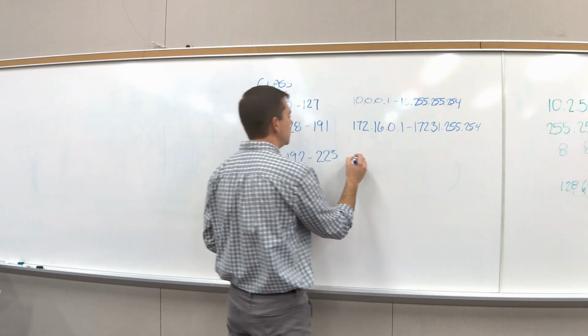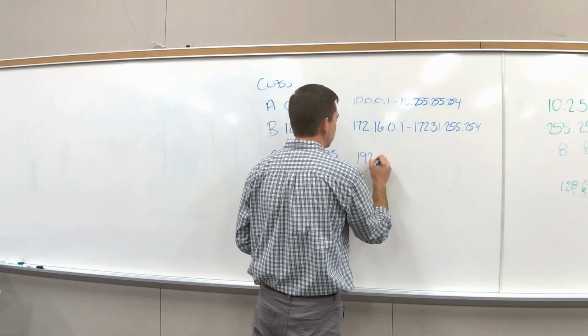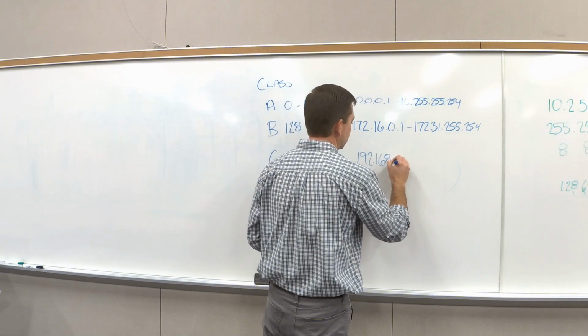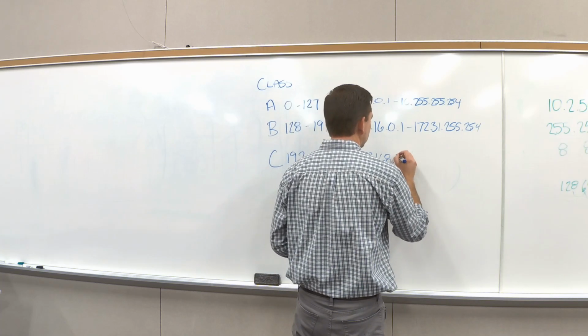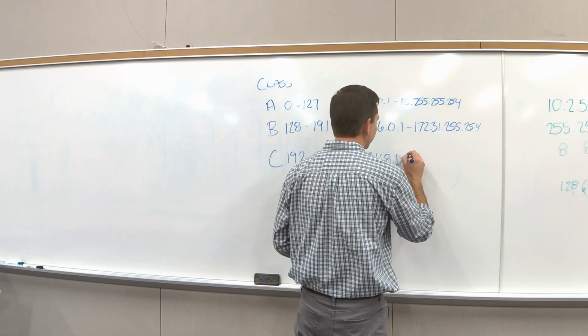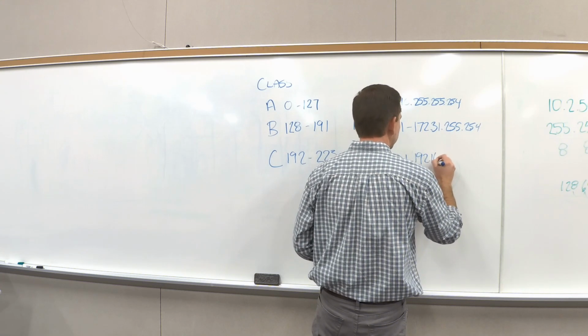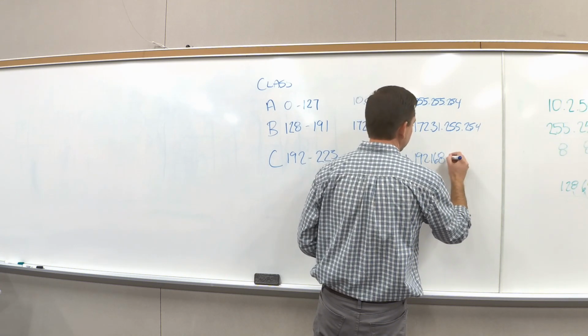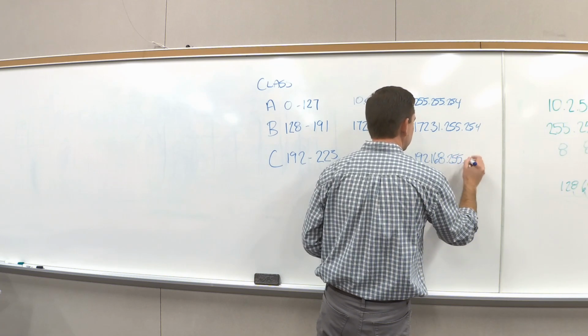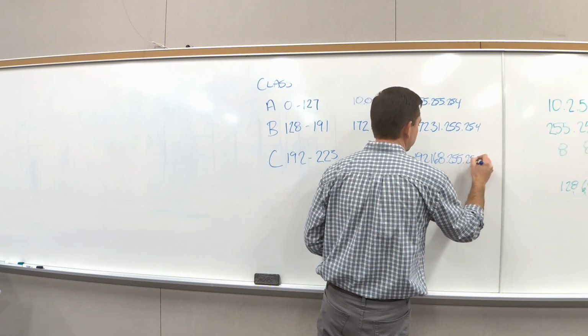And then Class C is 192.168.0.1 to 192.168.255.254.